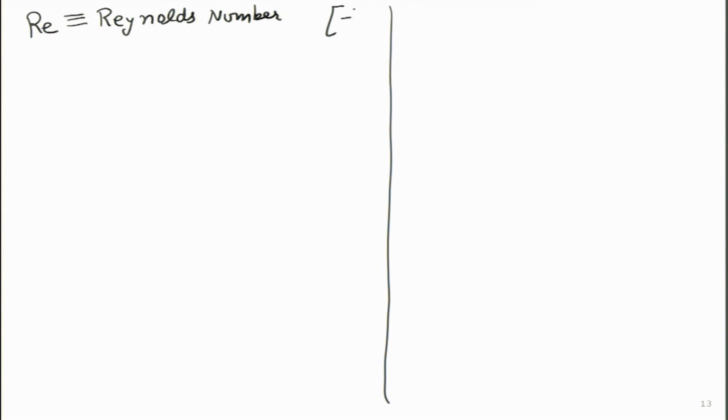It is dimensionless because it is essentially a ratio of two types of forces, and its expression turns out to be rho V L divided by mu. So, it is the ratio of the inertial force divided by the viscous force.